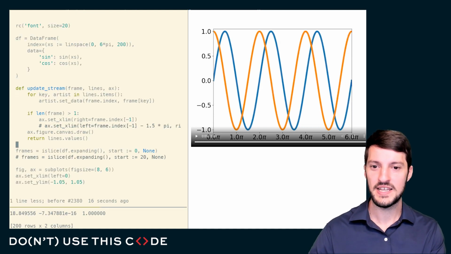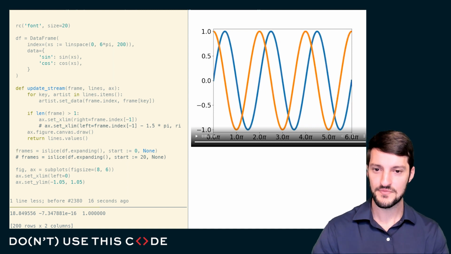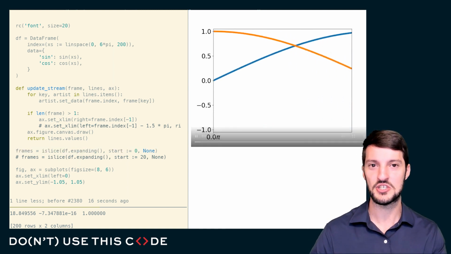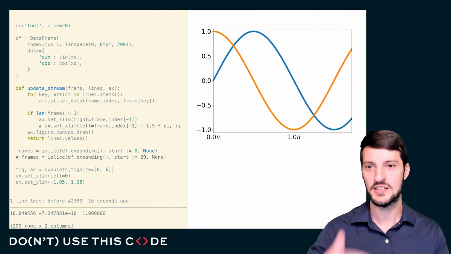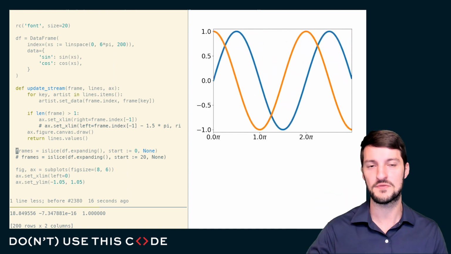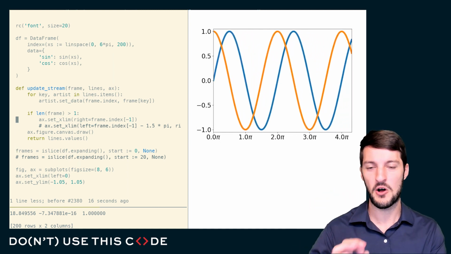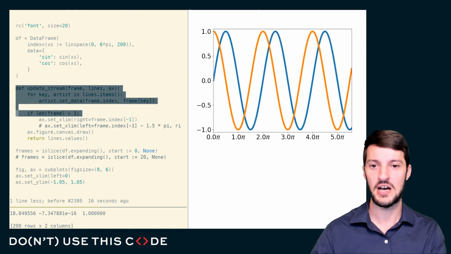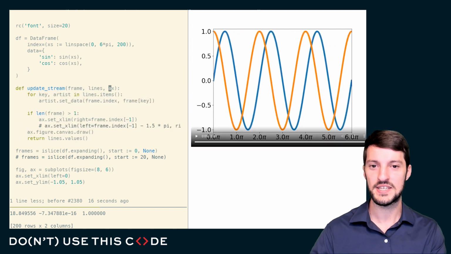And so when we're creating this animation, I can actually feed these frames as just a generator. The DataFrame.expanding gives you the first row, then it gives you the first 2 rows, first 3 rows, and so on and so forth. And it all gets fed into this updating function. This takes my frame, so each iteration of my expanding data frame, this takes those lines, those artists that I created, the empty ones, as well as my axes.